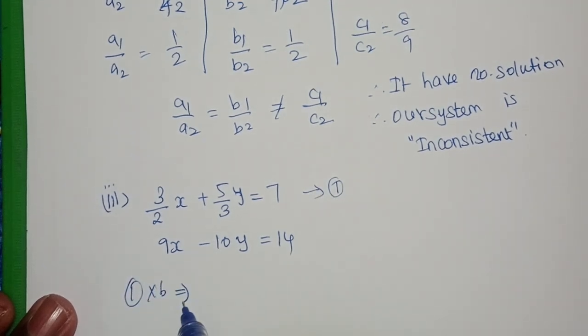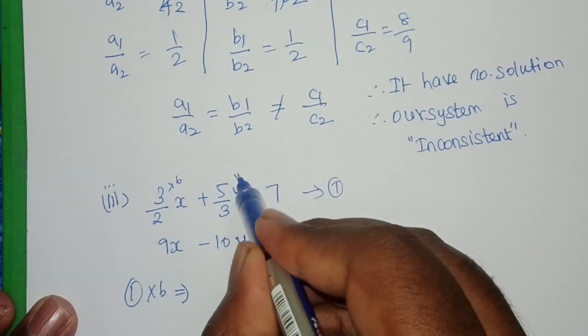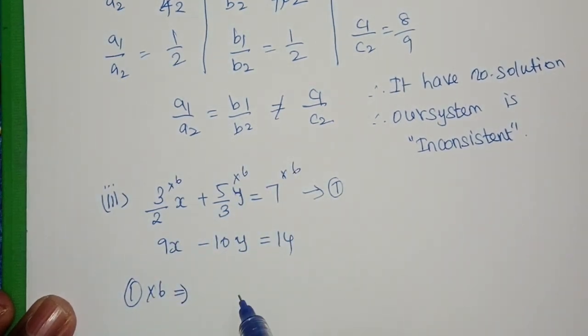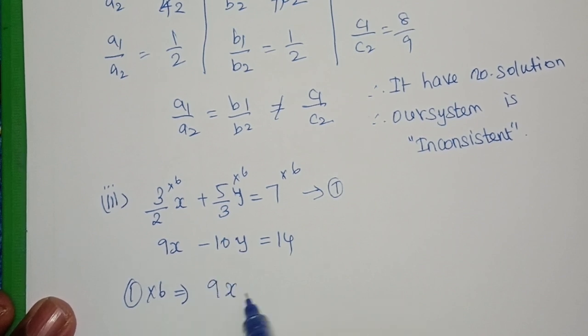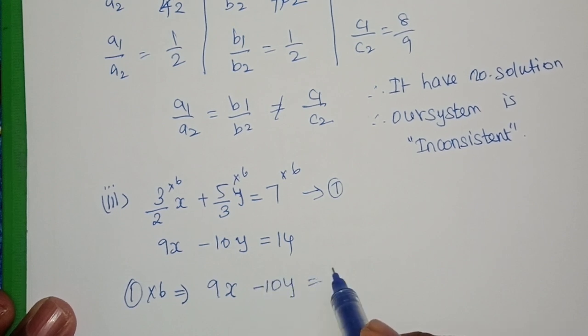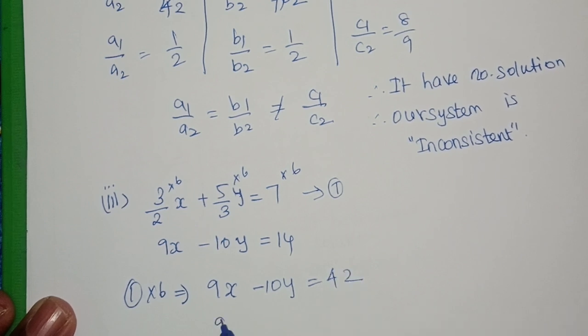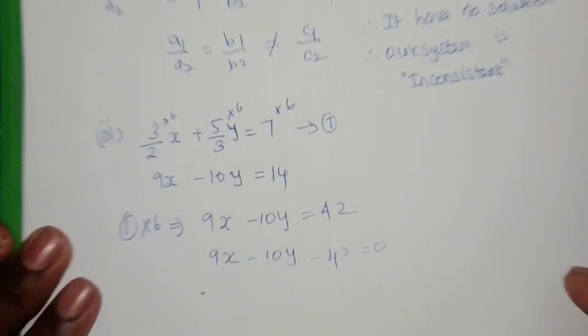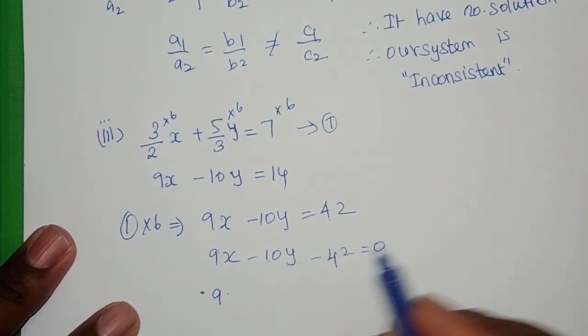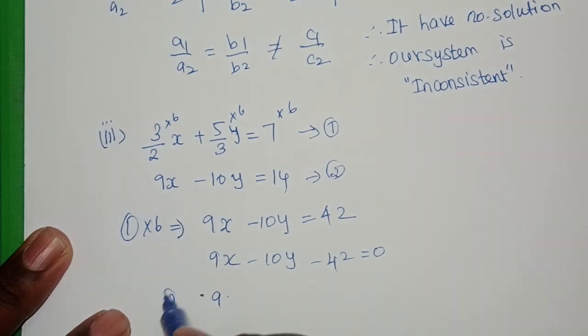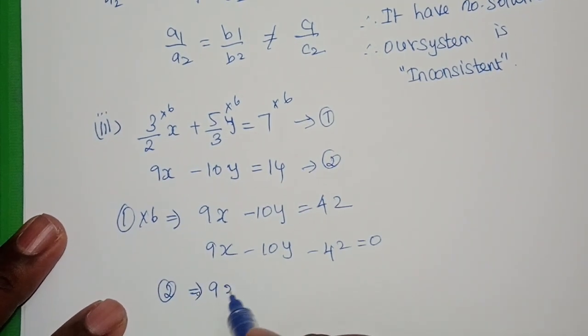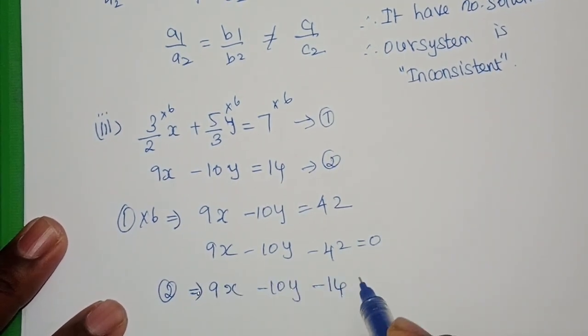Multiplying each term by 6, we get 9x minus 10y equal to 42. By rearranging, 9x minus 10y minus 42 equal to 0. The second equation becomes 9x minus 10y minus 14 equal to 0.